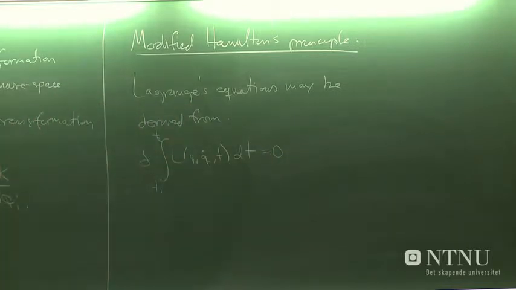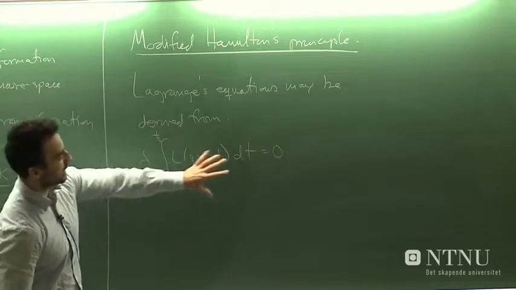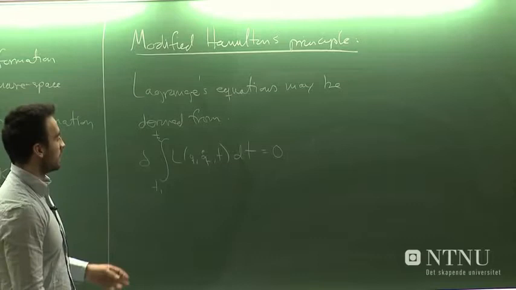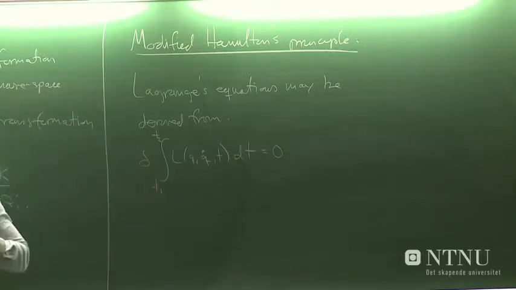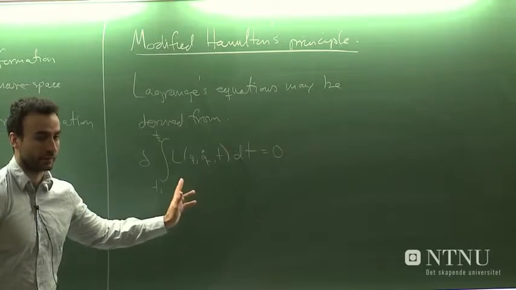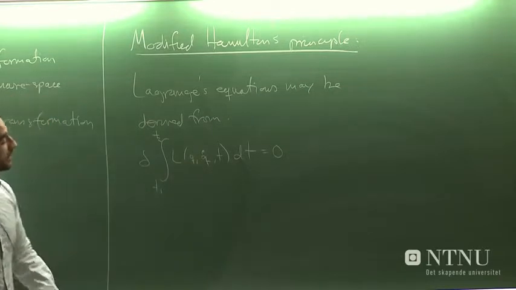Now recall that Lagrange's equations may be derived from the following equation. So this is the action of the system, and we're then demanding the variation of the action for the actual path taken by the system through this configuration space. Configuration space in the case of the Lagrangian, since we have q and q dot, should be 0.